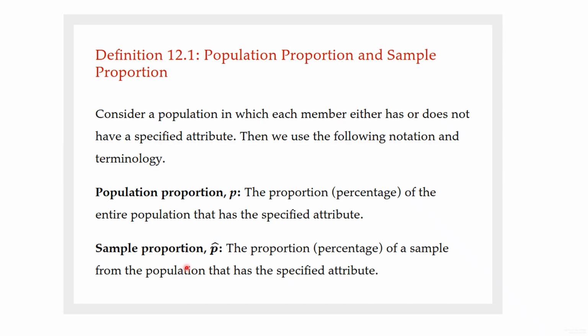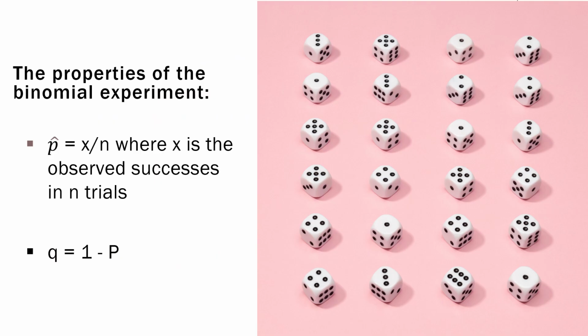The sample proportion, on the other hand, is called P hat. So we've got a little P with a little hat over top. The proportion or percentage of a sample from the population that has the specified attribute is the definition of your sample proportion. What you really have to take away from here is the symbols. If it's just the P, it's a population, and if it's got a little hat on it, that's your sample.